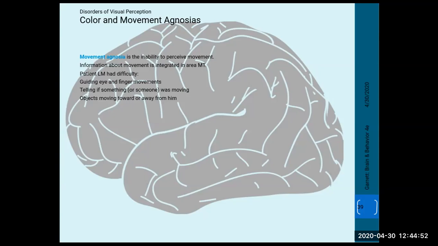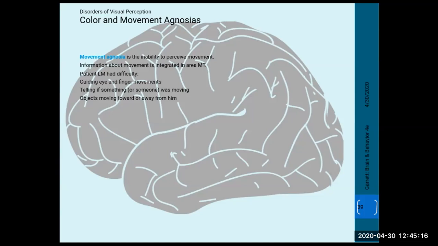Things that move from left to right in the visual field or move around, you'll basically just see it as a really bad strobe. So it's like you blinked your eyes really quickly and something went from the left side to the middle to the right side of your visual field. There was a patient specifically named LM. Again, we strip away any identifying information and just use initials or numbers.